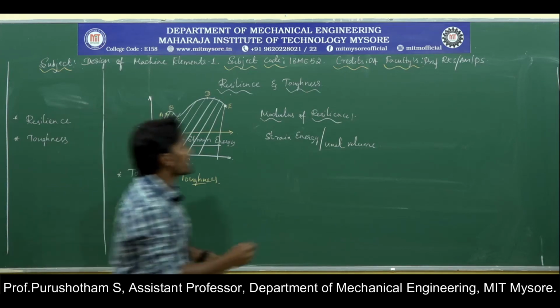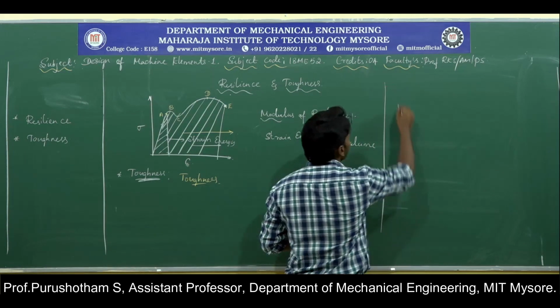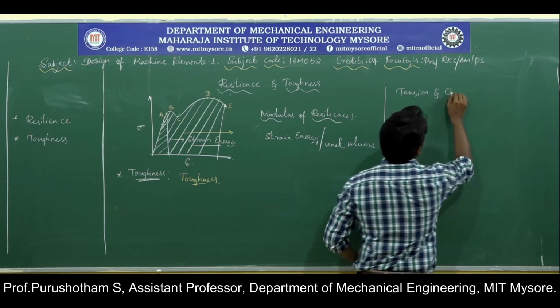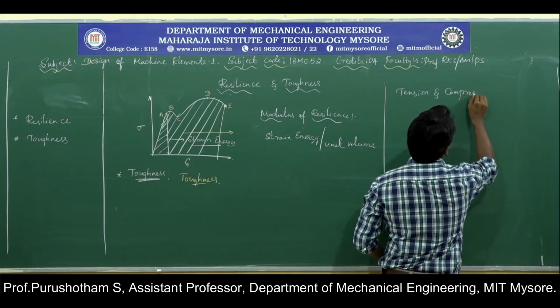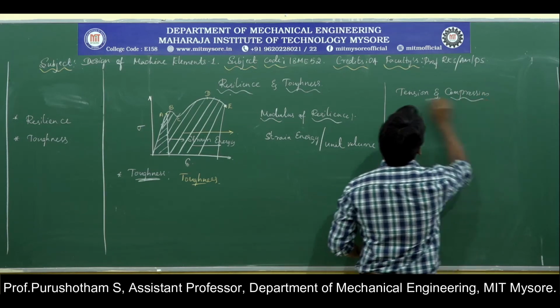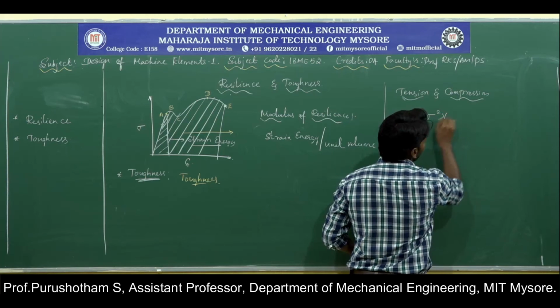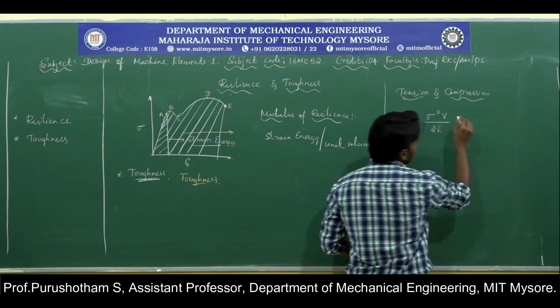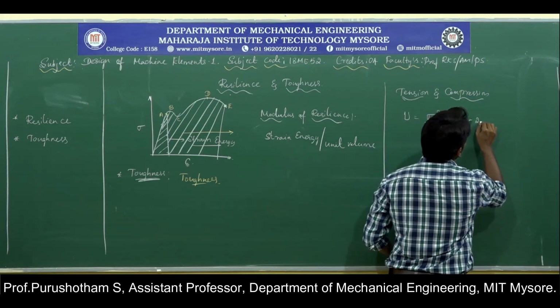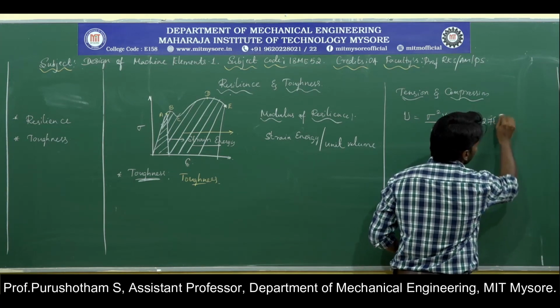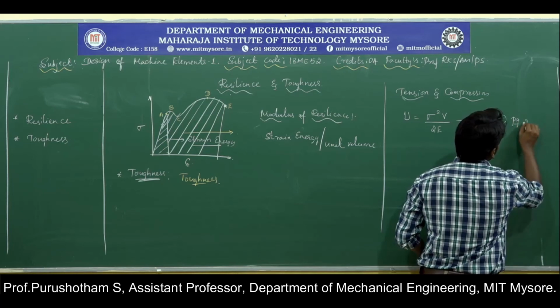For this, the resilience in tension and compression is given by the equation U equals sigma square V by 2E. This is available in the data book, equation number 2.27b, page number 29.